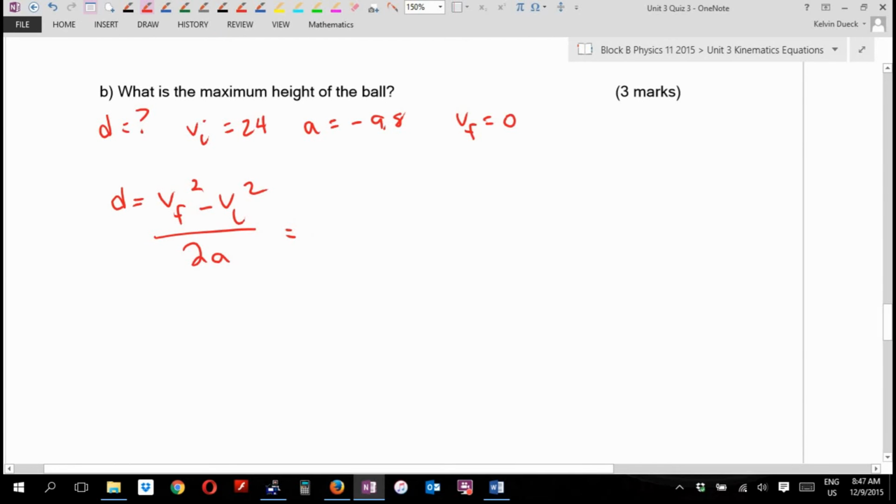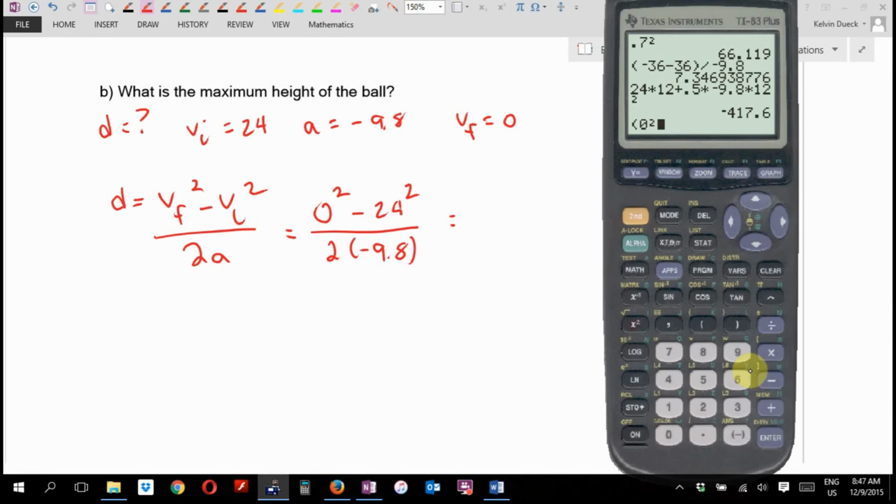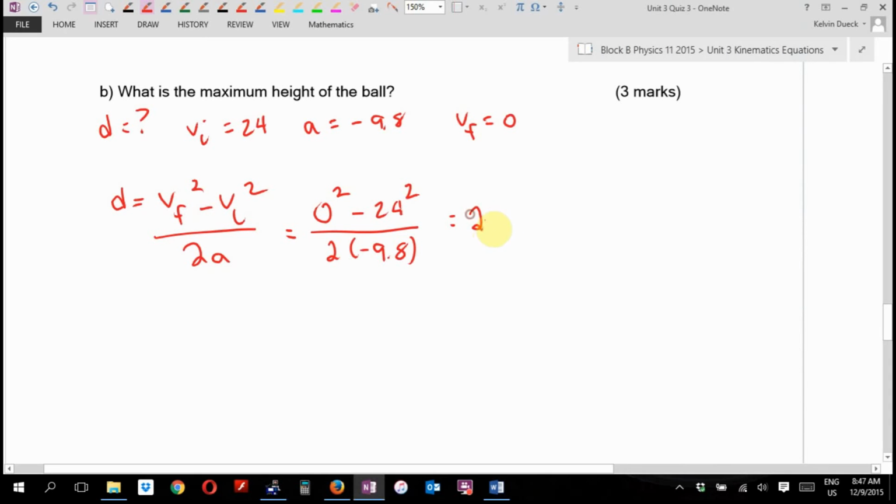Which is going to be 0 squared minus 24 squared all over 2 times negative 9.8. 0 squared minus 24 squared divided by bracket 2 times negative 9.8, close bracket. 29.4. And that's not the answer. That's how high the ball is above the cliff.